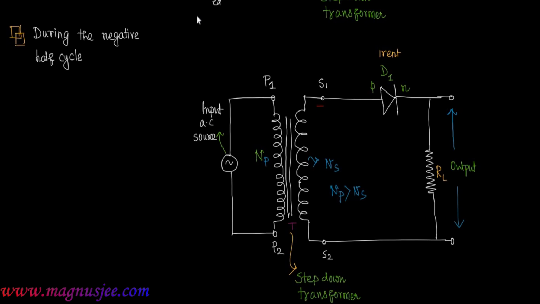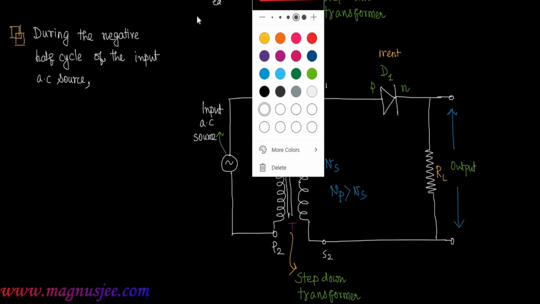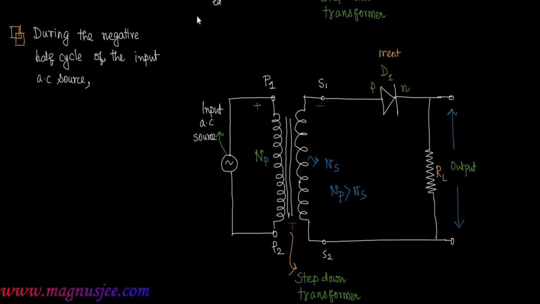During the negative half cycle of the input AC source, terminal P1 will become positive and P2 becomes negative.